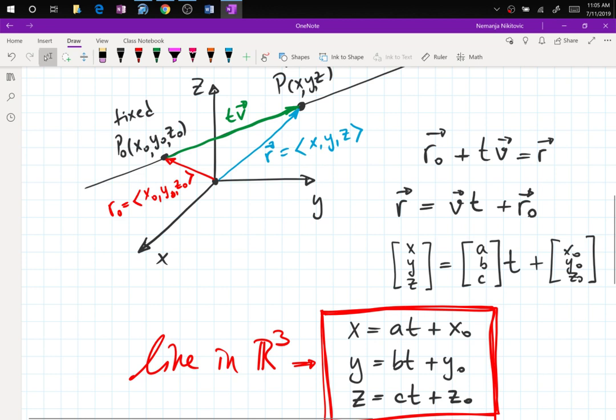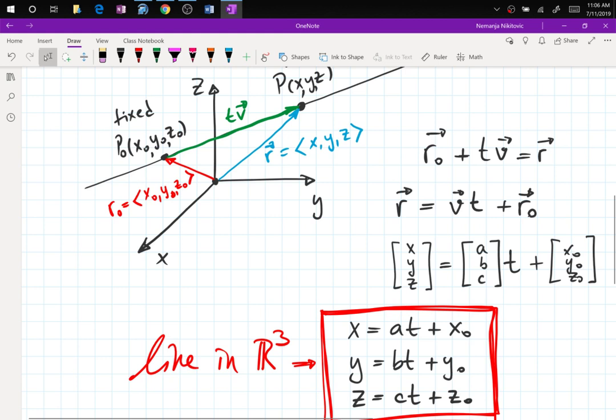What is vector v? That's the question. The green vector v that stretches from P0 to P is a three-dimensional slope. That vector carries the directional slope of the line in 3D, because that green vector goes along the black line, which is your line L. So in some sense, the way that m was the slope for your line in algebra, now this vector v is a three-dimensional version of that slope, but it's actually a vector.